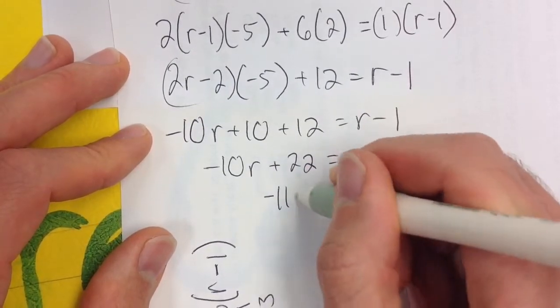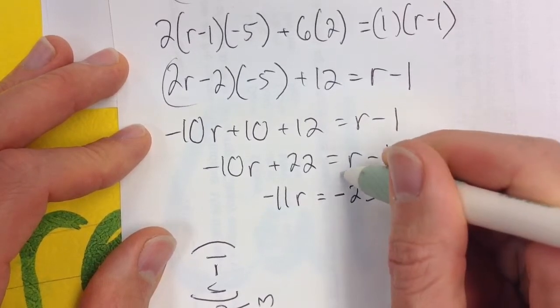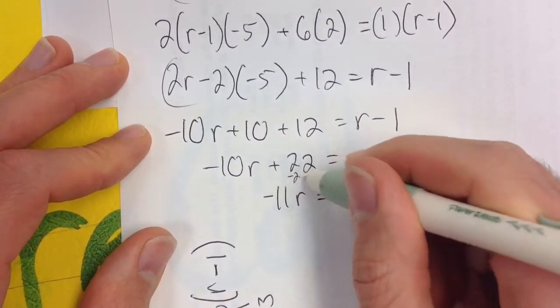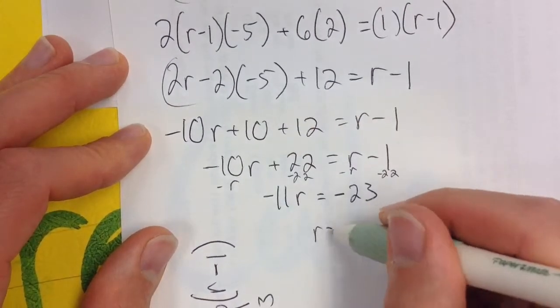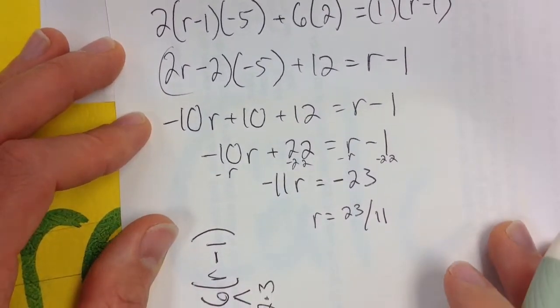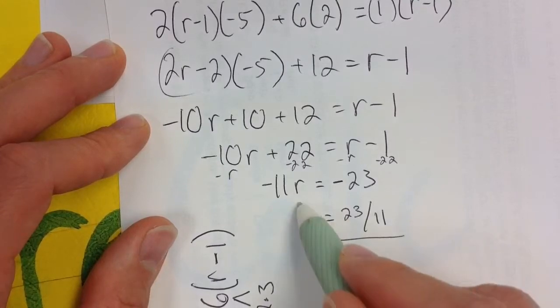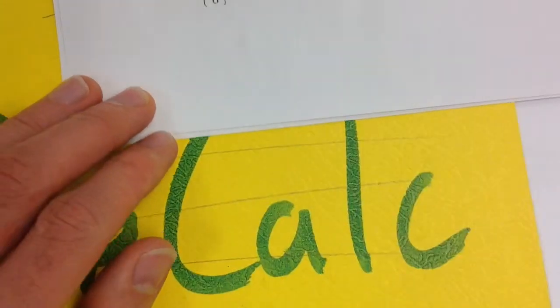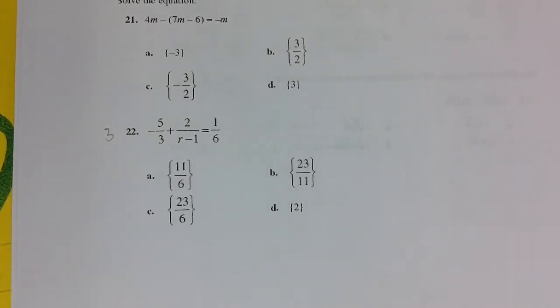Negative 11r equals negative 23. r equals 23 over 11. Is that an answer? Yep. So it looks like B. Any questions on 22?